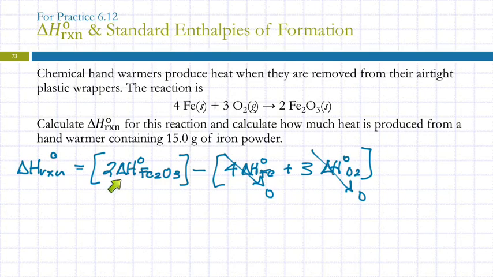So this ends up being 2 times the heat of formation for Fe2O3, which thankfully we already have written on the board because we used it in the last problem. So that's going to equal 2 times 824.2 kilojoules.